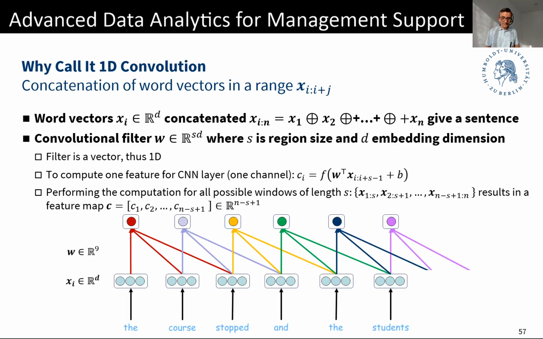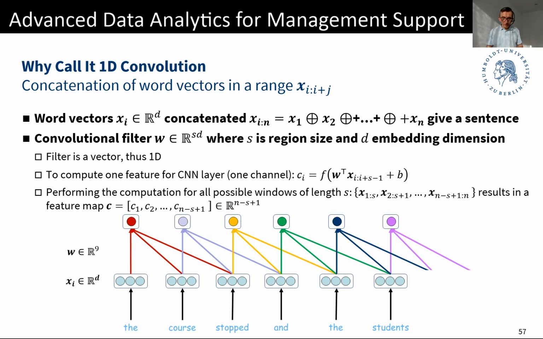A different way to picture that: we concat words, and the number of words that we concat, as seen, depends on our region size. We have word vectors xi, which are embedded to some vector space of dimensionality d, and we concat them. And considering all the words that we have in a sentence, we have this long chain of concatenated vectors.